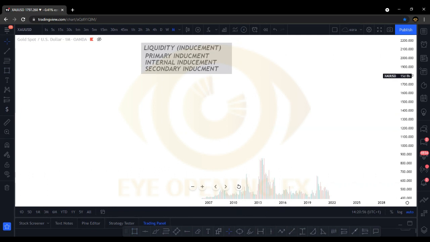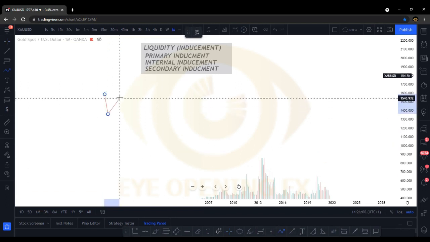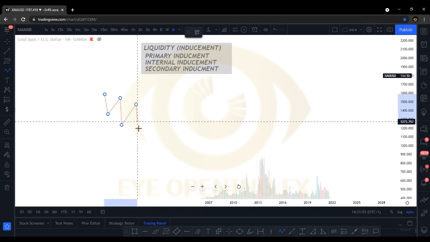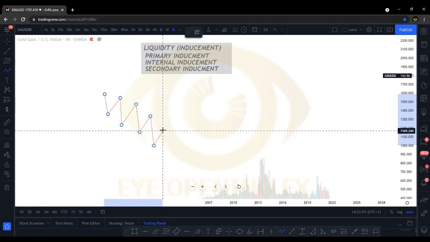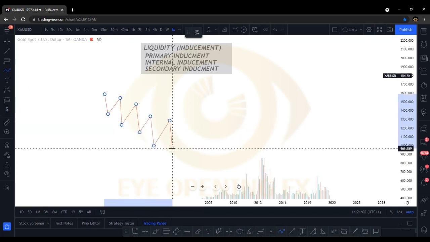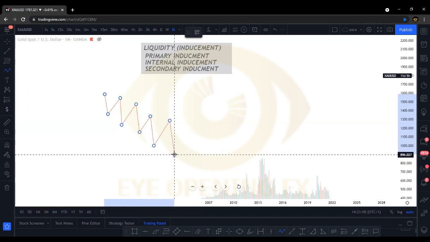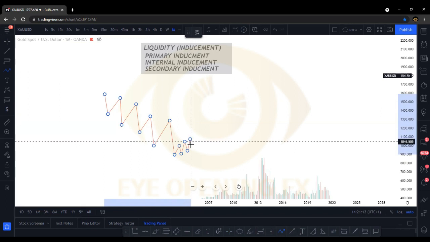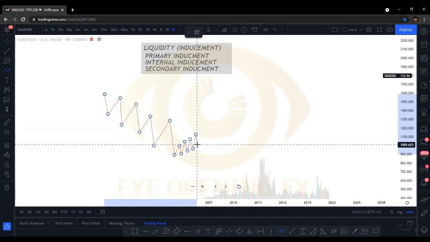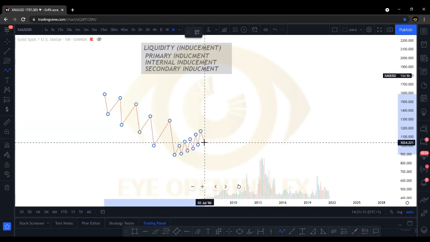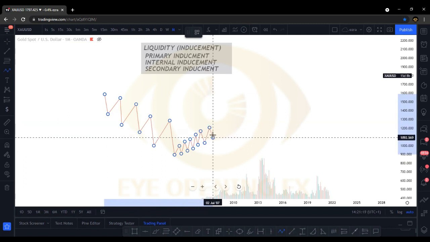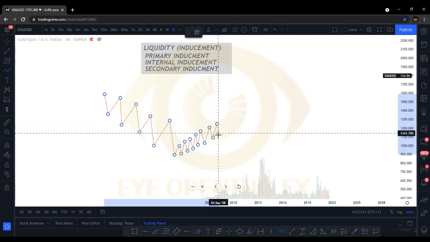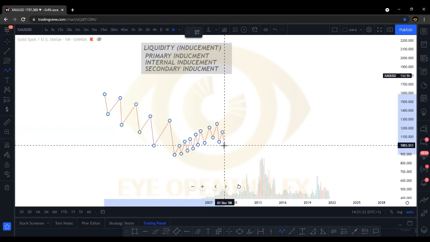Let's take, for example, the market is on a downtrend, giving us lower low, lower high, lower low, lower high, lower low, lower high. As the market gave a lower low, it's trying to give us a lower high to the upside. Since we are on a downtrend, you should understand. Now let's say it gives us a minor BMS.